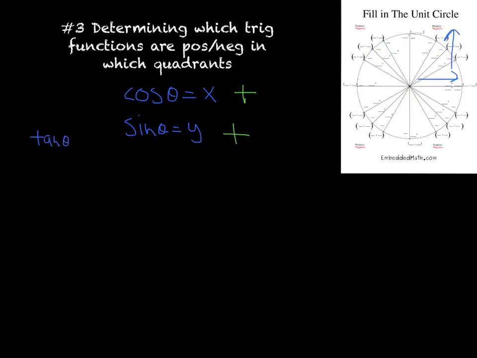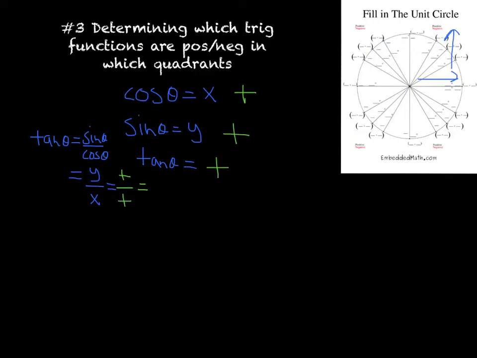Tangent is sine over cosine. Or maybe you're more comfortable with it being y over x. Well, let's think about that. If they're both positive, plus over plus, then the overall number is going to be plus. So, tangent of theta is simply going to be positive as well.